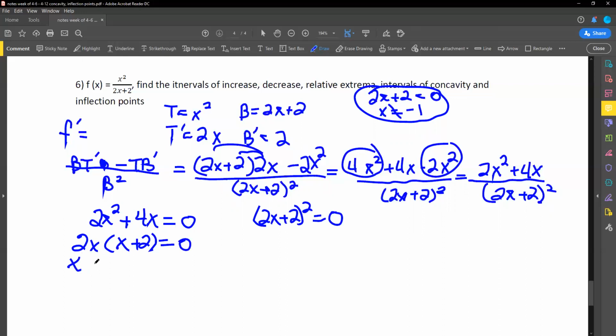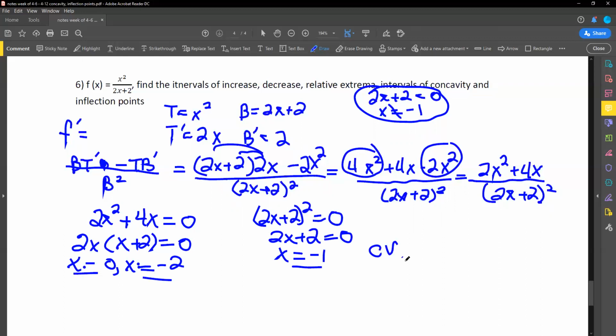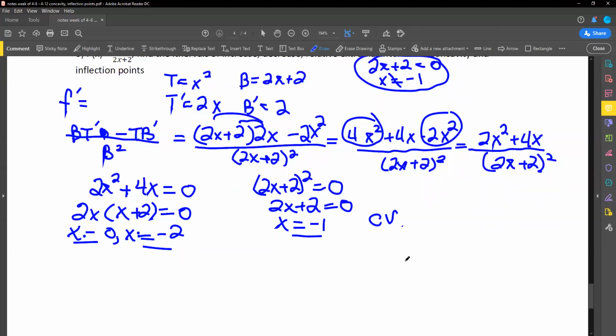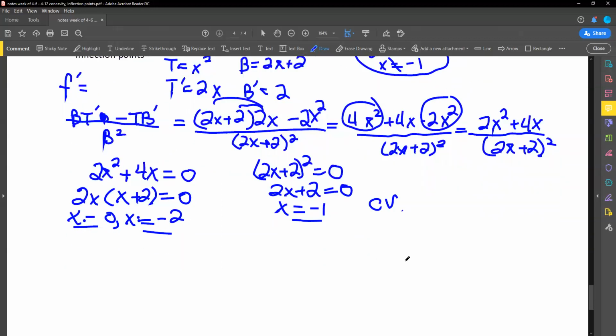So I get x equals 0 and x equals -2. And where the bottom equals 0, the square does nothing. Take the square root, it's gone. If you solve that, you get x is -1. So all of these points would be considered critical values, where the derivative is 0, but also where it's undefined. Now, you know that x equals -1 is not part of the domain, so it's not going to be a minimum or maximum, but I still got to test it.